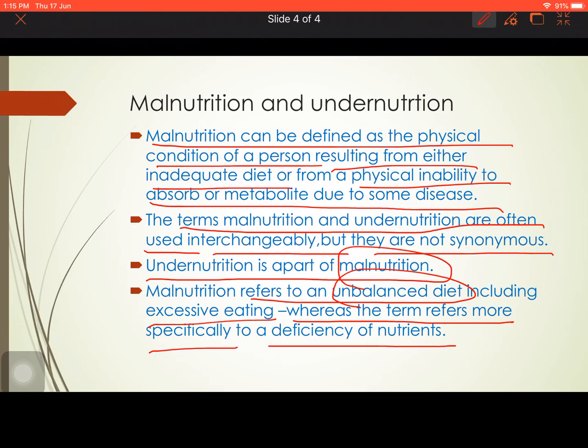If a person is having more fat, more proteins, he is also malnourished because he is not taking all the food in balanced amount. So I think it should be clear to all of you: balanced diet, the functions of different nutrients in a balanced diet, and malnutrition and undernutrition.